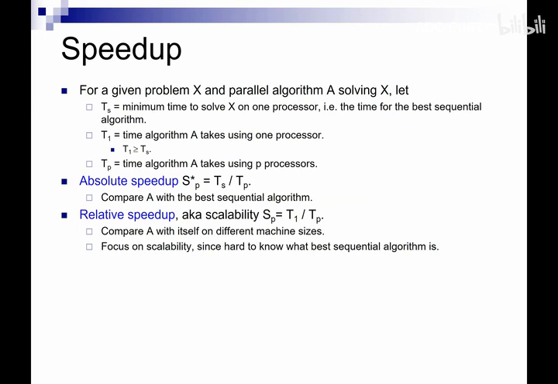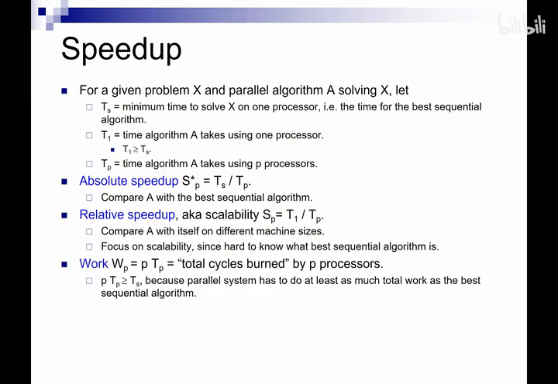So T1 is going to be larger than TP in general. The reason we call this relative speedup is that we're comparing A with itself, but we're varying the number of processors that we're using. Now we're mostly going to be focusing on scalability, or this relative speedup, in this lecture, because again, we don't really know what TS is, so it's hard to compute what the absolute speedup is.